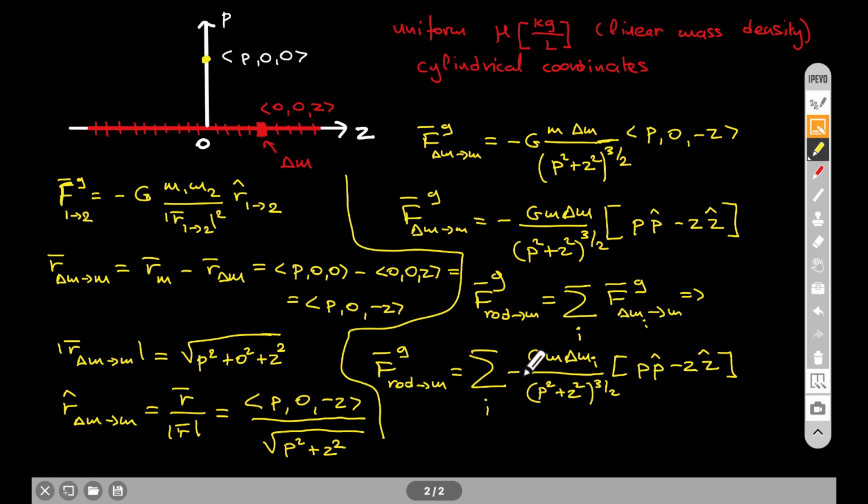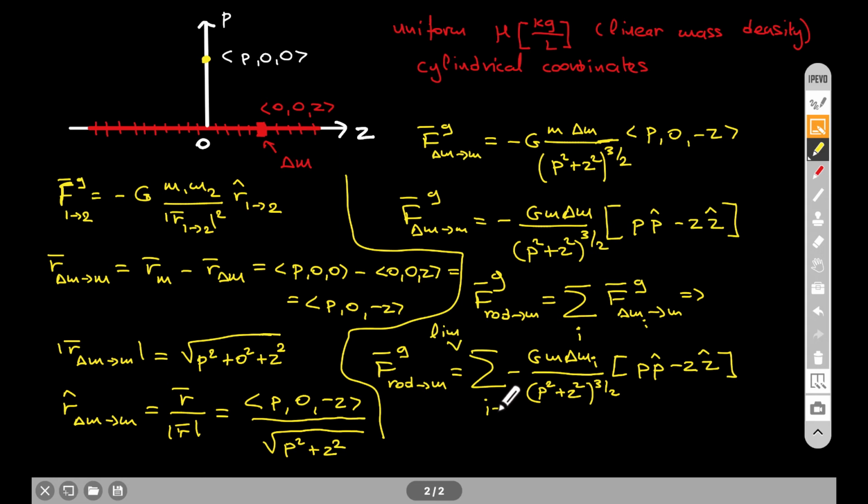As I said before, my calculation will be more accurate the smaller those pieces are. And the best I can do is cut the rod into an infinite number of pieces that are infinitely small. So essentially what I'm going to do is take the limit.